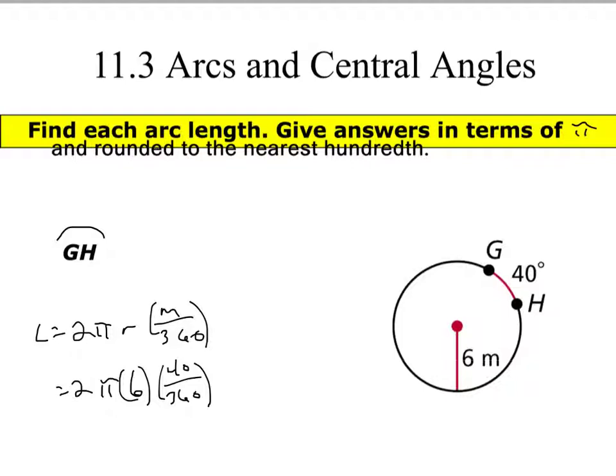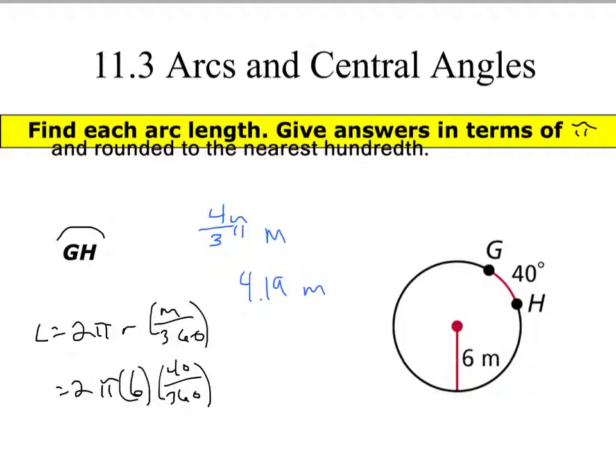Can we put 1.3 repeating without using that line? Yes, we could simplify that down to 4/3 pi, and that would work. If you put 1.3 repeating, that's fine. I would then take 4/3 pi, with meters as my linear units. Then I take 4/3 and multiply that by pi, and I get 4.19 meters.